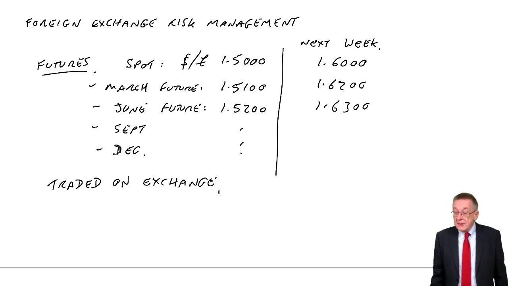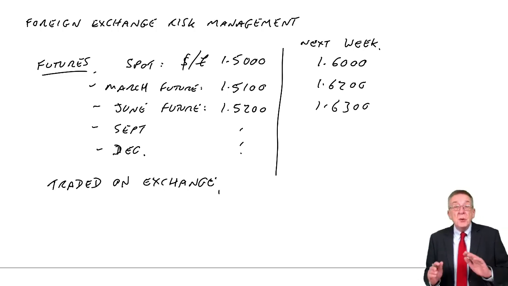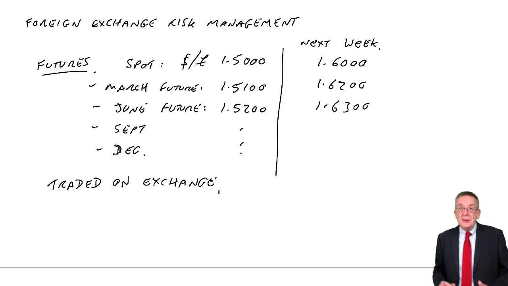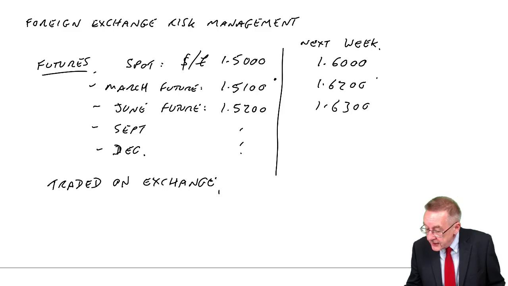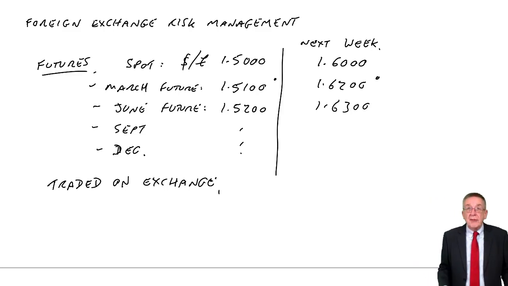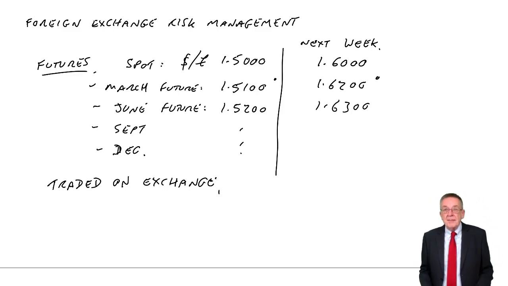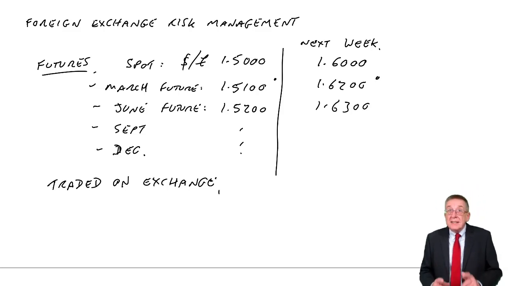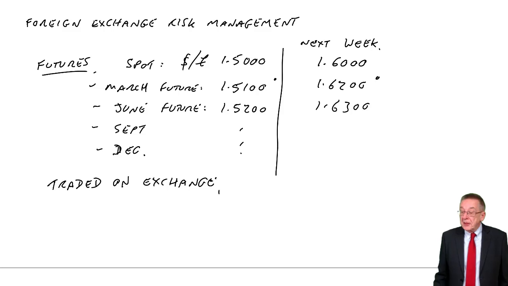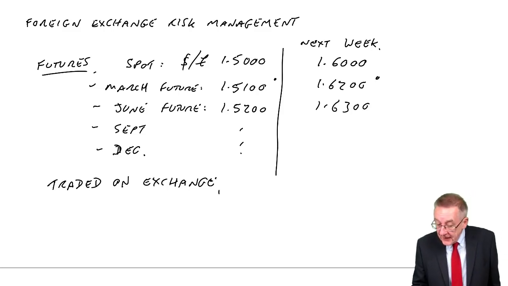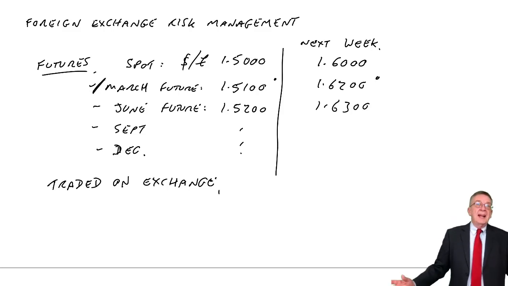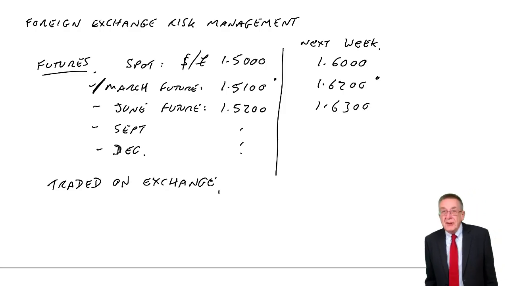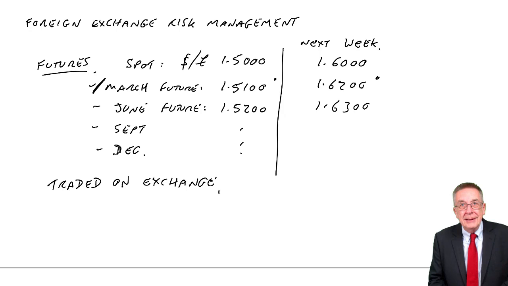Well, futures, the nice thing is you can buy and sell futures. And so if you buy at one price and sell at another price, you've made a profit. If the price has gone down, you make a loss. But futures are rather beautiful in that I can buy $1 million of March futures, but you don't actually have to pay for them.